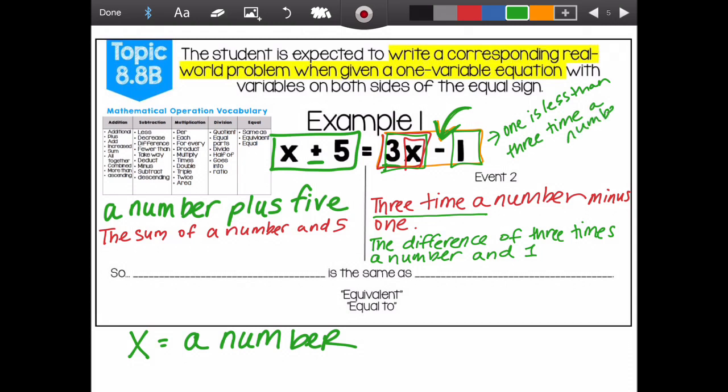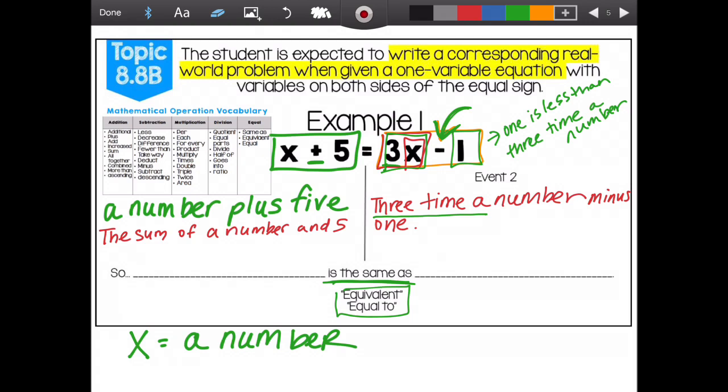All right, so again, several ways we could write these. Not everyone is going to come up with the same equation. So then all we do, just like if we were to write the equation, we're just going to use the words is the same as, or other words we could have used, equivalent or equal to. So then you just take your statements and you set them equal to one another. So I'm going to erase a couple of these so that we can see what we're writing.